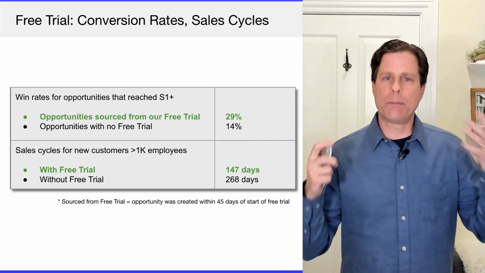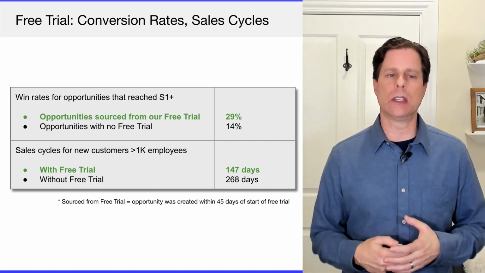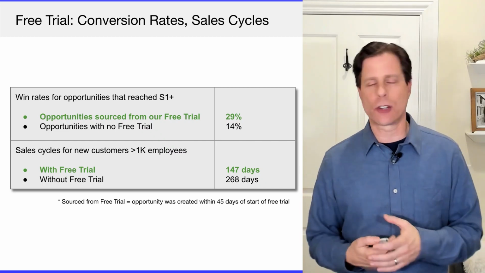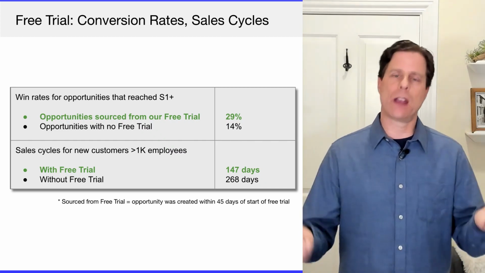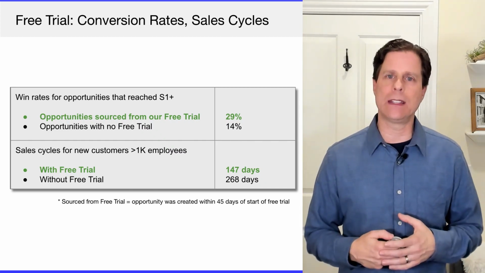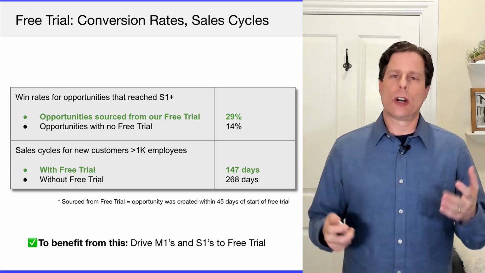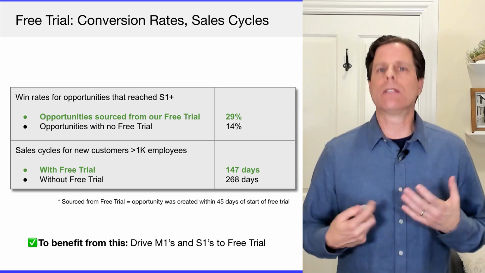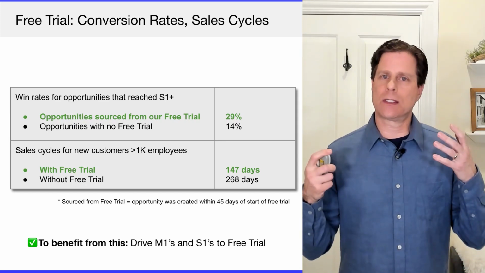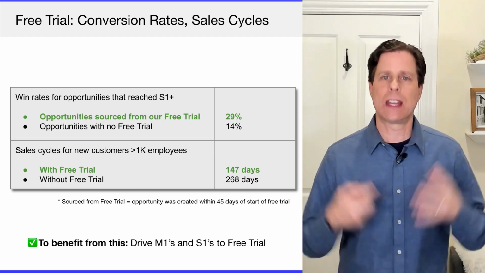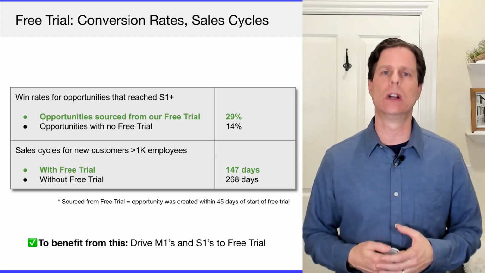And when we're looking at companies that have at least 1,000 employees, with the free trial, we're seeing that the average sales cycle is 147 days compared to 268 days if the free trial is not involved. So if you're in the field, the best way to take advantage of this is to take any of your prospects that are in the M1 or S1 sales stages and make sure you're putting them into the free trial.